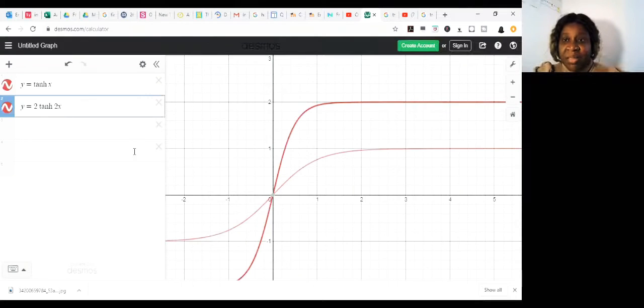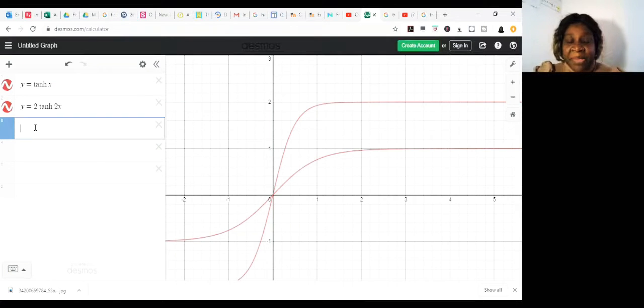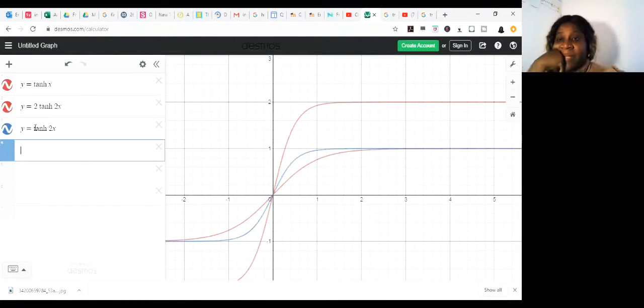2 tan 2x. So that's different. Let's see what tan 2x on its own looks like. Yeah, so that's tan 2x on its own.